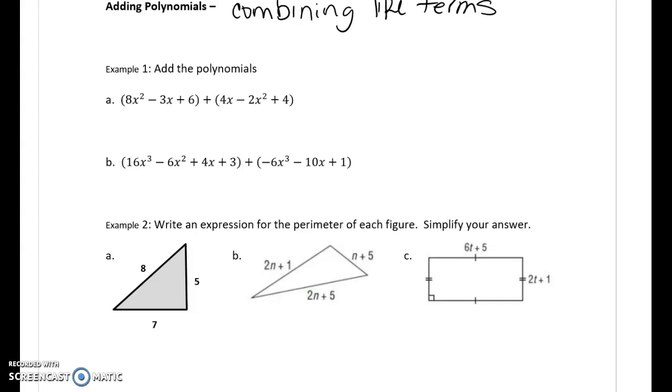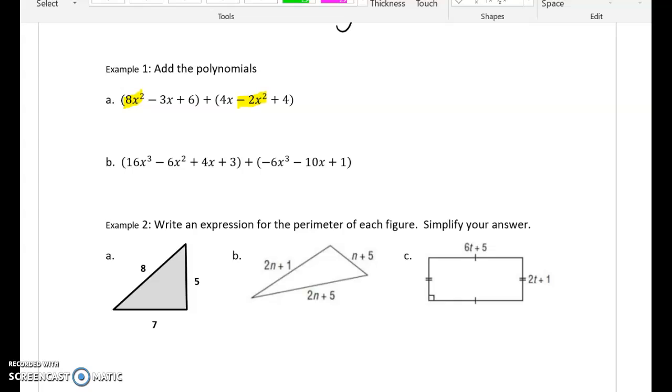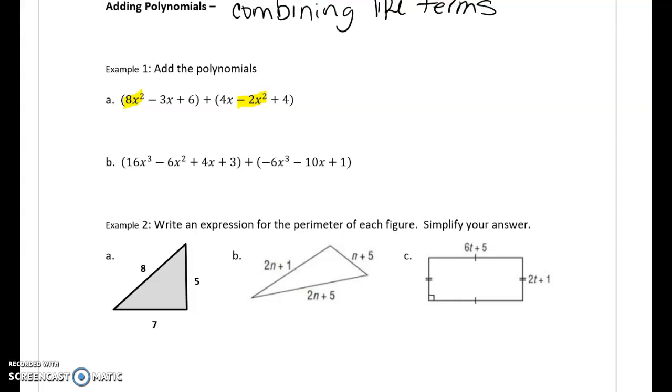Like terms are terms that have the same variable and same exponent combo. So I'm going to use my highlighter here to highlight a couple like terms. This 8x squared and this negative 2x squared. Those are like terms because they have the same variable and same exponent combo, x squared.